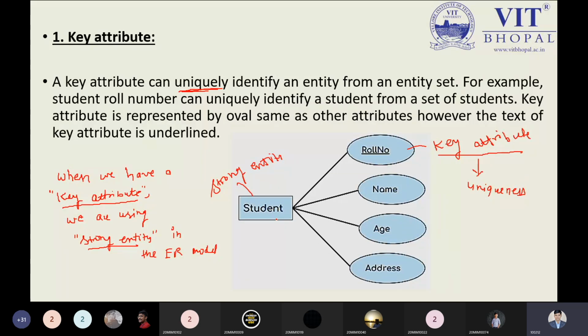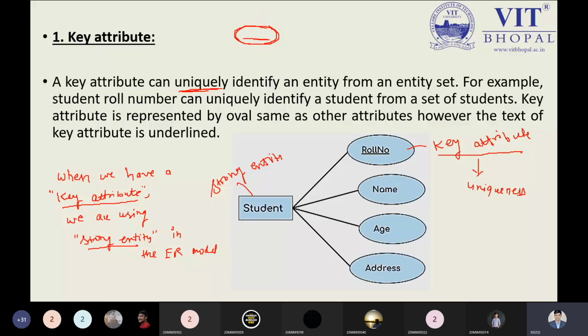So an ellipse will be identified by the attributes. If we have a key attribute, it will be represented by an ellipse or oval, but keep in mind we have to use an underline.